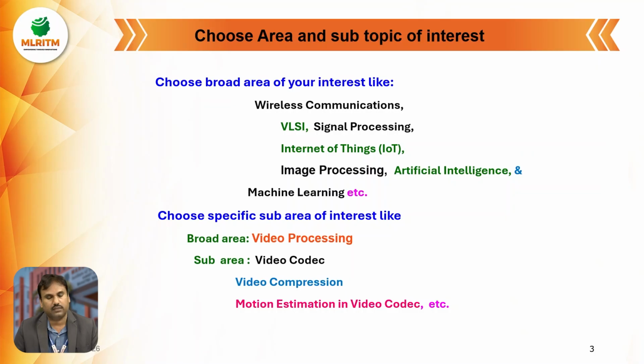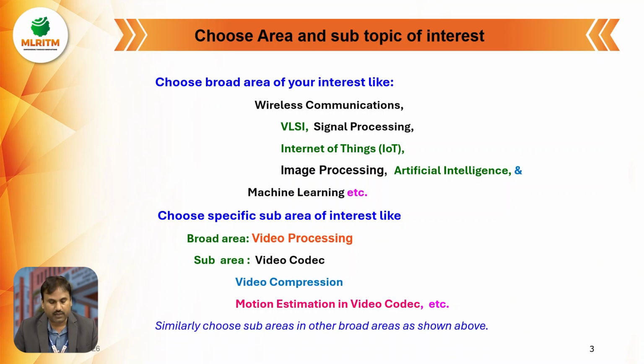In a broad area, there may be many subtopics. Here, the broad area is, for example, video processing. The sub areas are video codec, video compression, and motion estimation in video codec. These are all subtopics of the video processing broad area.